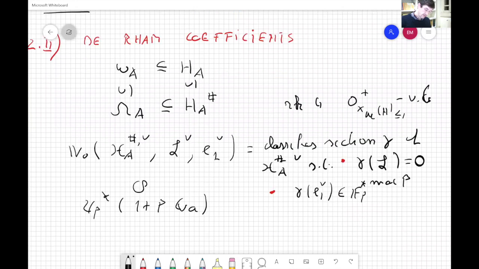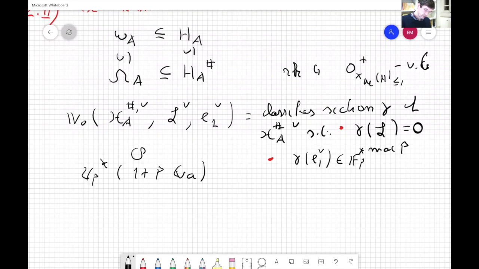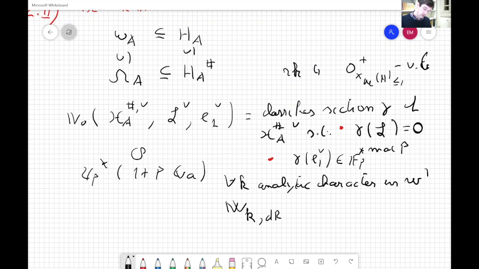And I define, so I leave some space here on the left, because then I can define actually WK de Rham for every K analytic character on this one-dimensional weight space.